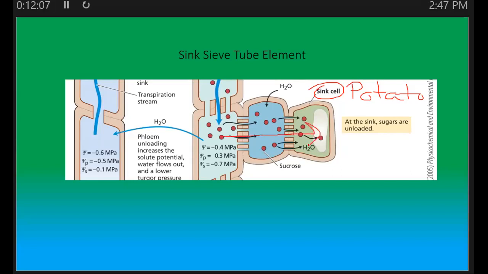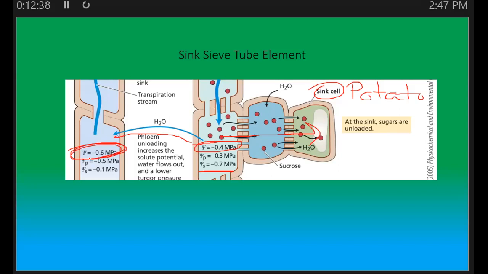Well, now you're getting less and less sugar there. So that means less sugar, less negative psi sub S. So you see your psi sub S is negative, but it's not so bad. Well, if you have a less negative psi sub S, that means your overall water potential is less negative. And if you compare it to the neighboring xylem, you can see that it's less negative than the xylem water potential.